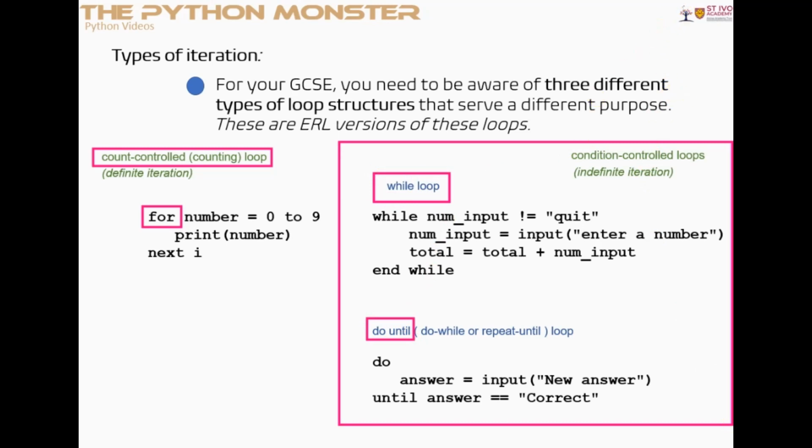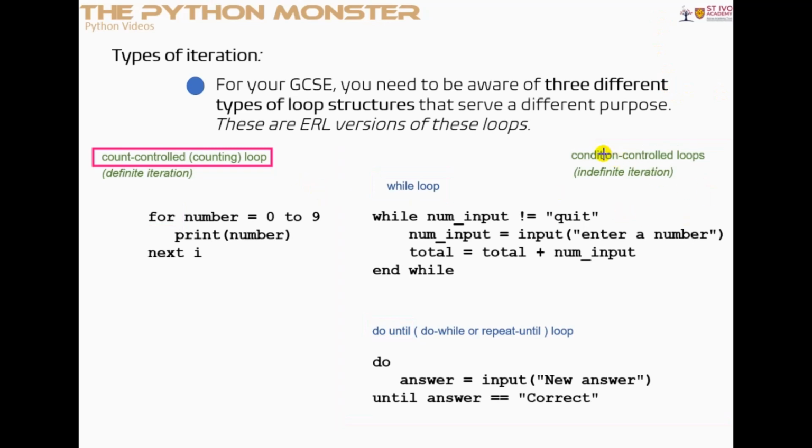Before I go any further, let me just undo these boxes. Here are the OCR terms: count controlled loop and condition controlled loops. You can see how they're grouped up on the slide, but I think it's useful for you to be aware of the fact that not all authors and websites and textbooks refer to these loops in the same way.